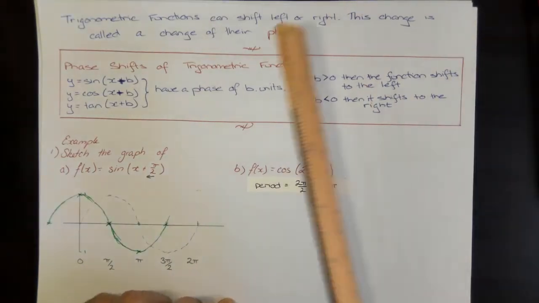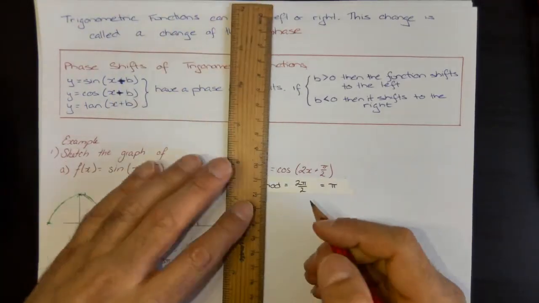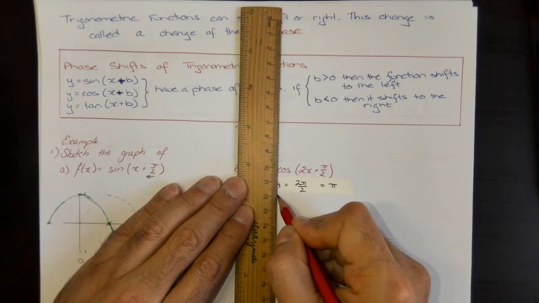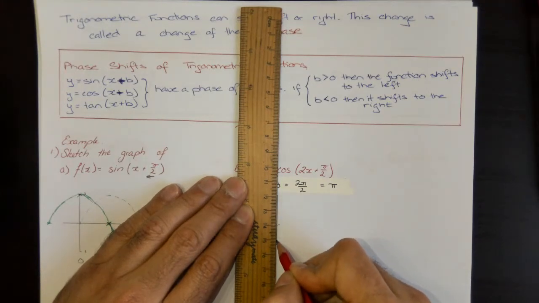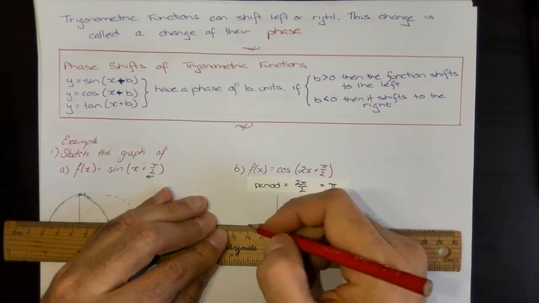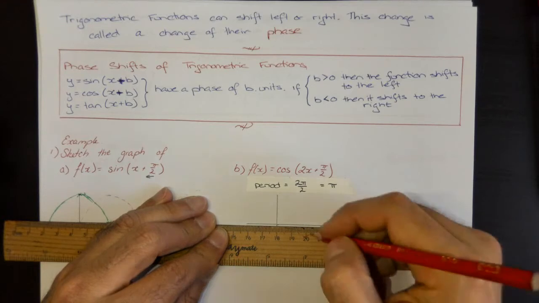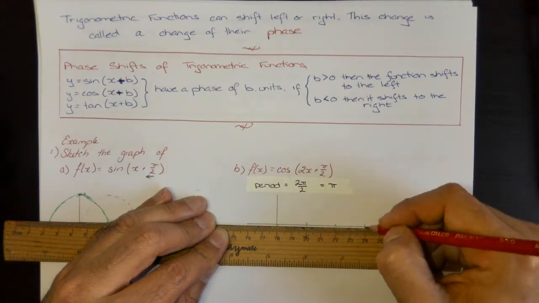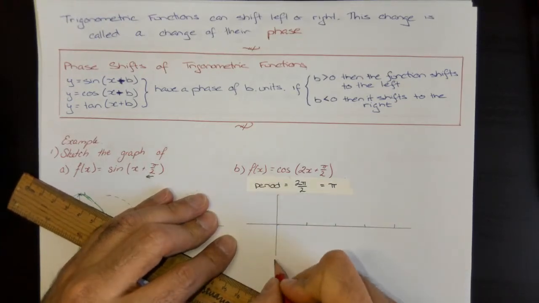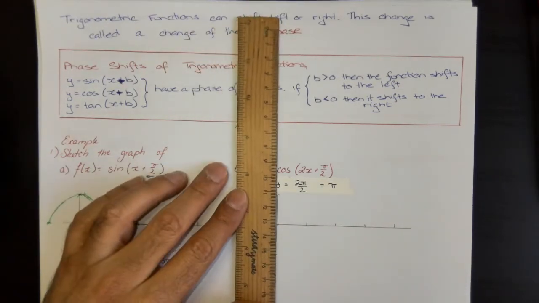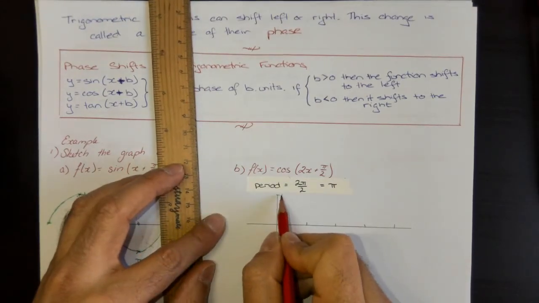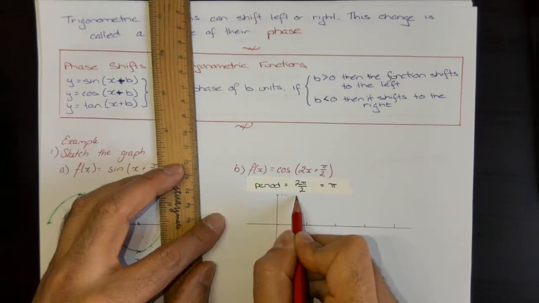Alright, so firstly let us sketch the cos function first. So cos goes from 1 to -1. Just going to sketch it.